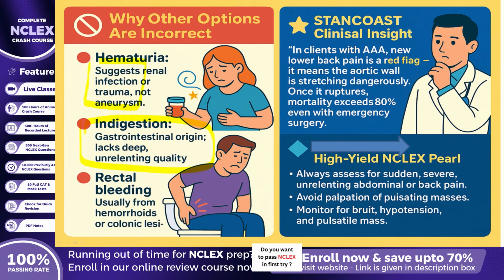Option C, rectal bleeding, originates from the lower gastrointestinal tract and is unrelated to aortic disease. Only in the rare instance of an aortoenteric fistula, a direct abnormal connection between the aorta and intestine, would bleeding occur, and even then, it would present as a catastrophic, life-threatening event rather than an early warning sign.